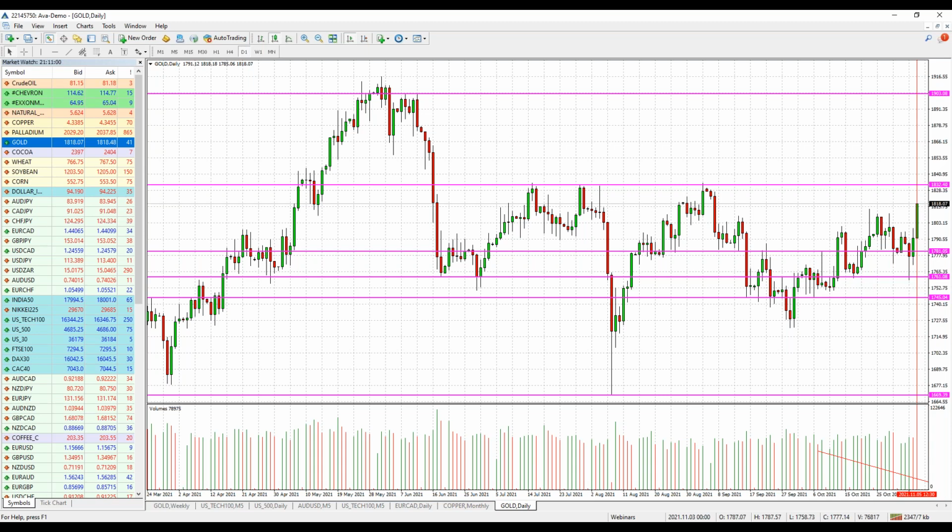The low here was 1758.73, and the buyers came in and it came right back. Then on Thursday, we broke through the previous resistance of 1781, and then Friday we went straight up.